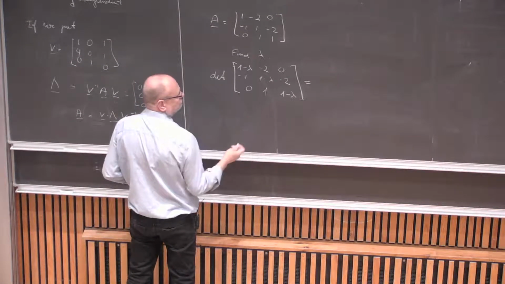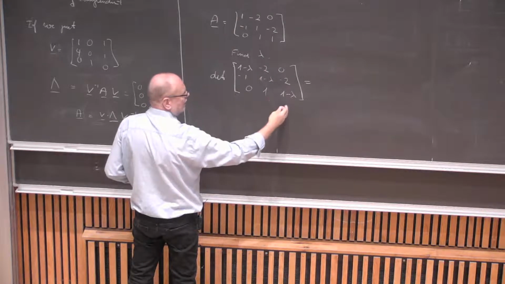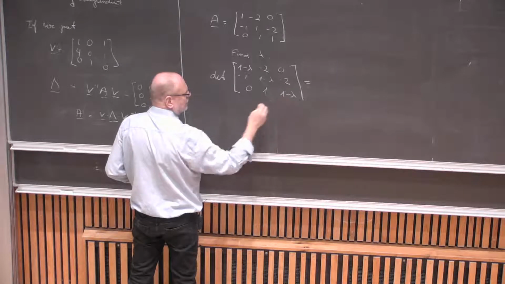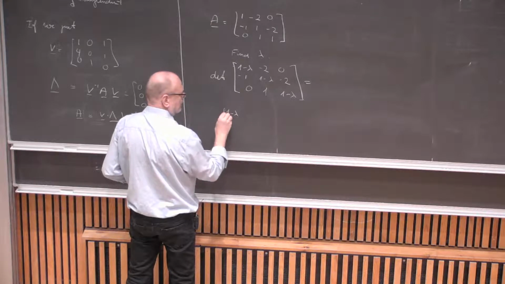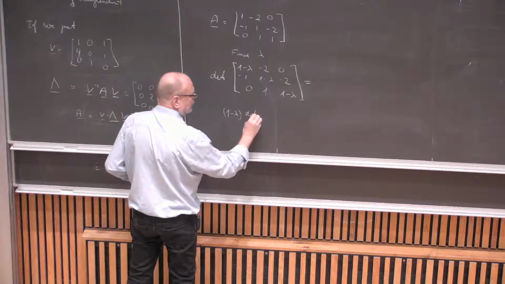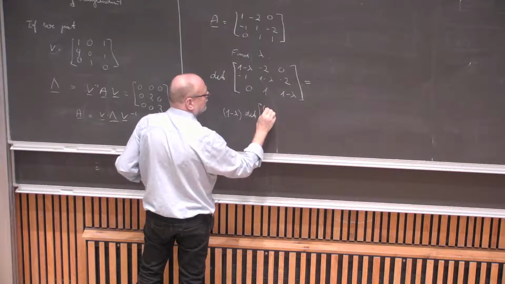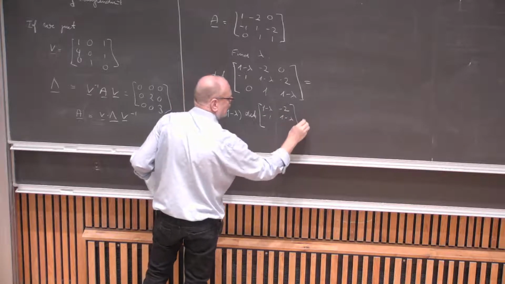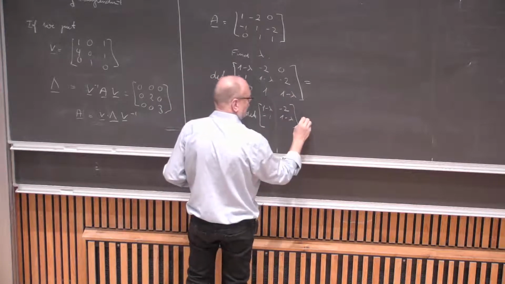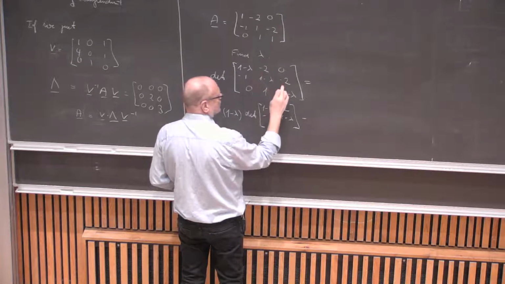So if I take an expansion along the last column, then I would get 1 minus lambda, and then the determinant of the submatrix you get by eliminating the last row and the last column, you get minus 2, minus 1, 1 minus lambda. And then, let's take the signs plus, minus, plus, minus.